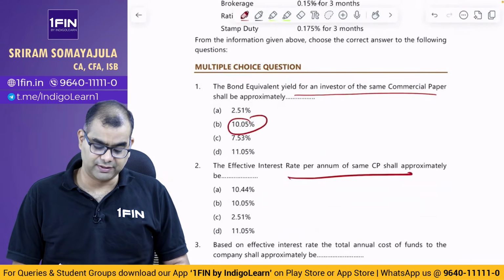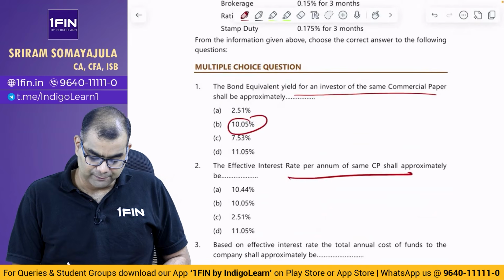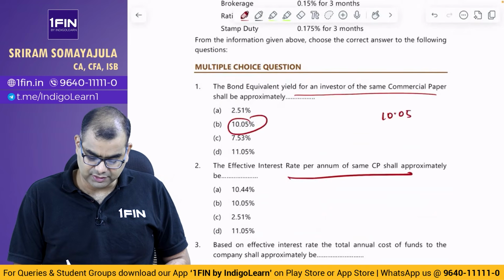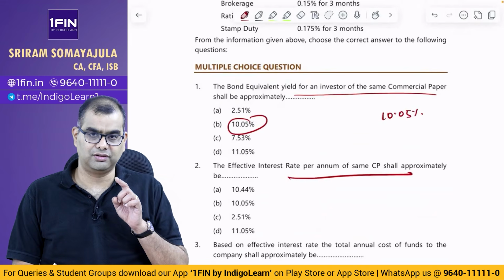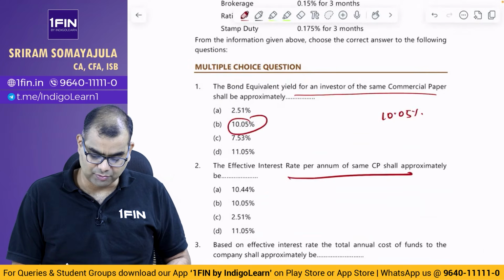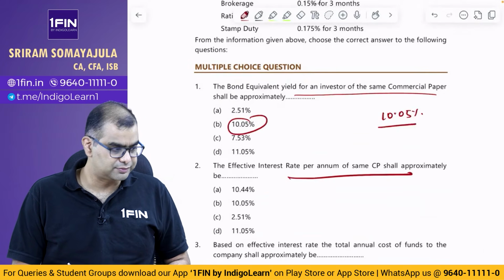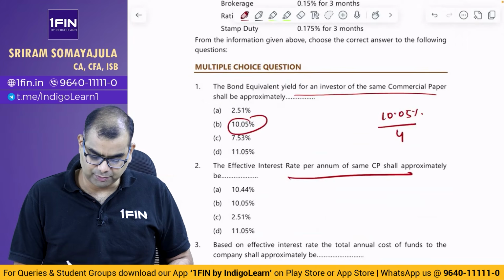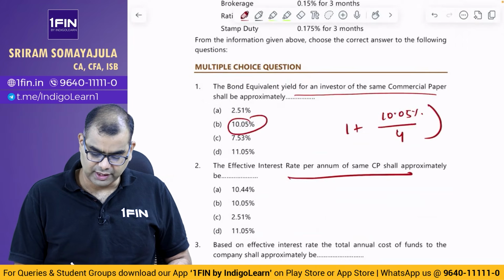Effective interest rate. What is this effective interest rate? This 10.05% is for a full year, on a bond equivalent basis, but this is a 3-month bond. So what you do is you compute this per quarter and then raise the whole thing to the power 4.